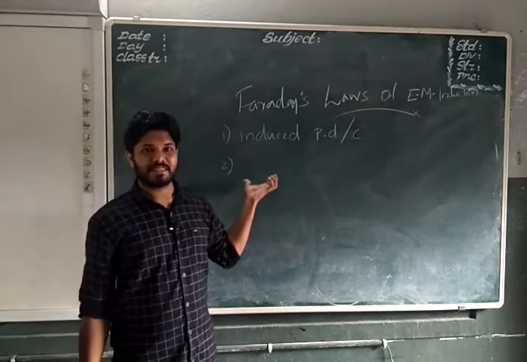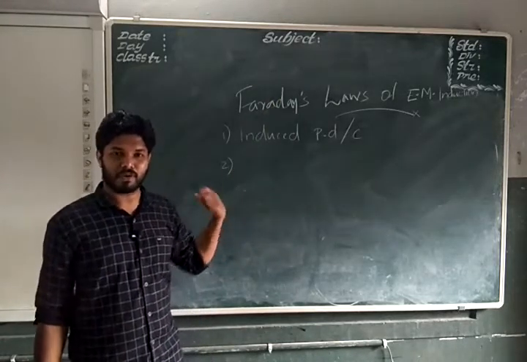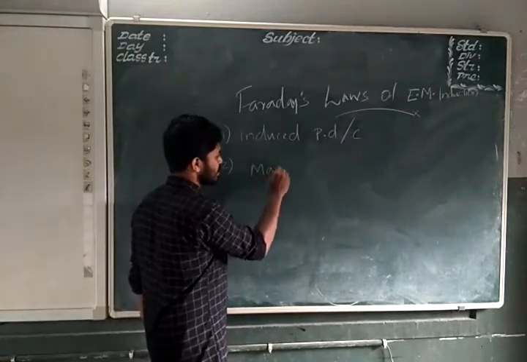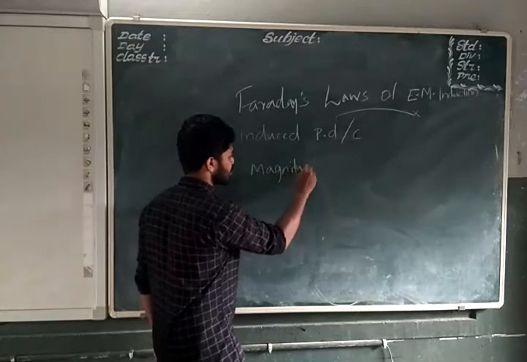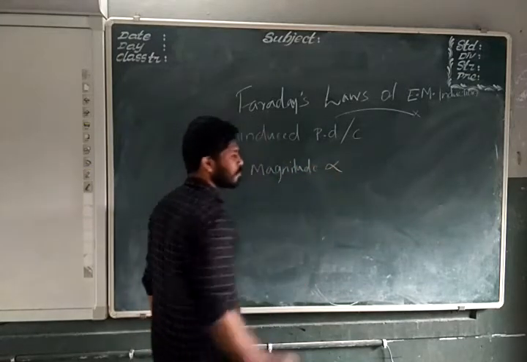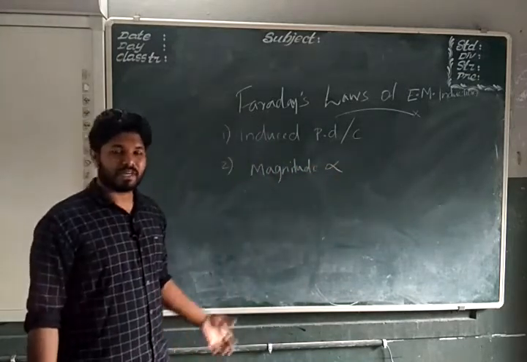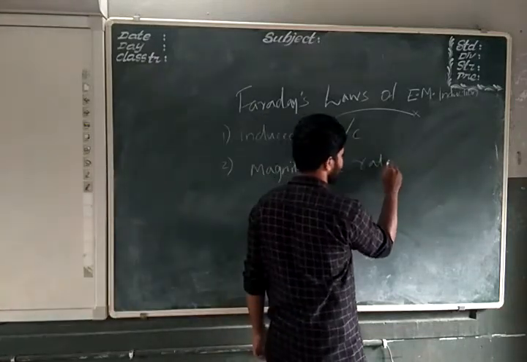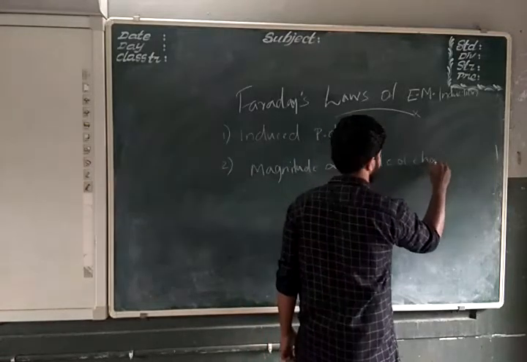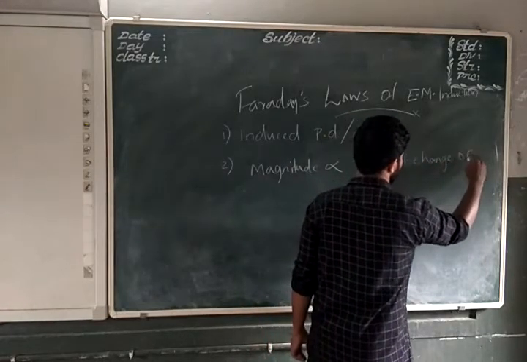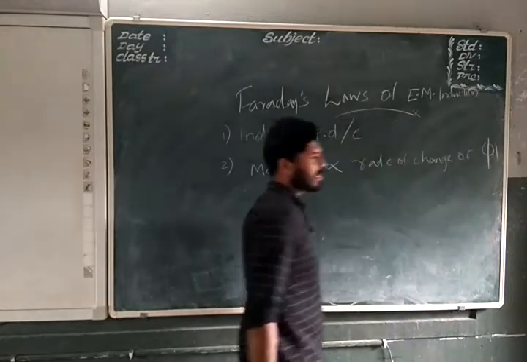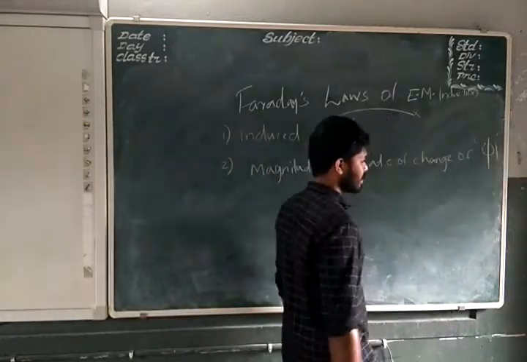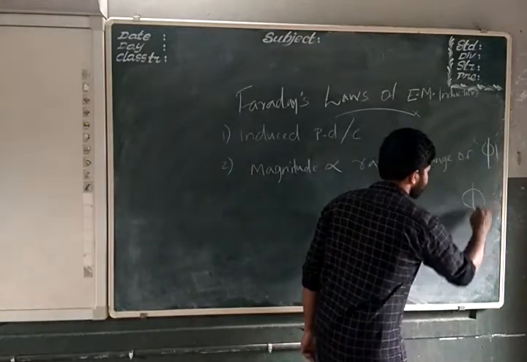He observed that the magnitude of the electromagnetic induction, or induced current, is directly proportional to the rate of change of magnetic flux. Magnetic flux is represented by the letter phi.